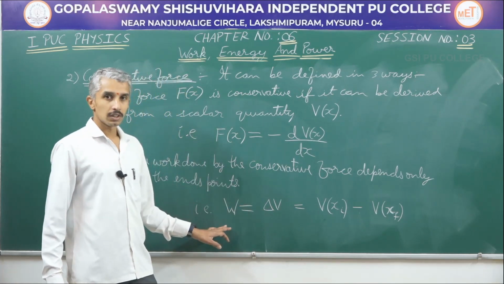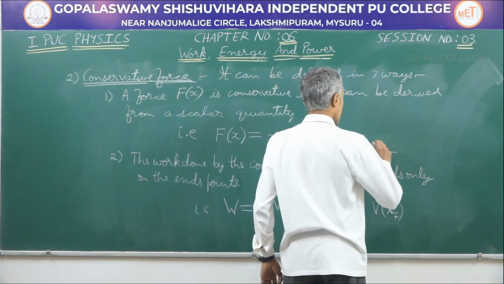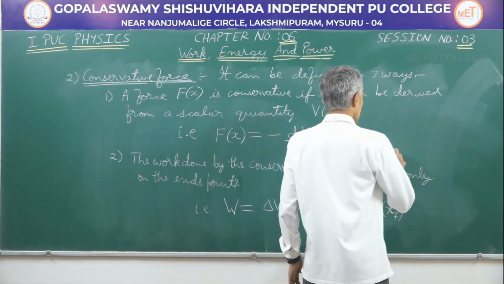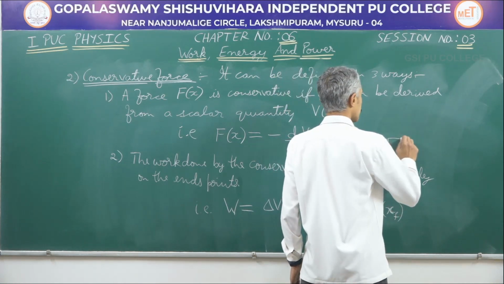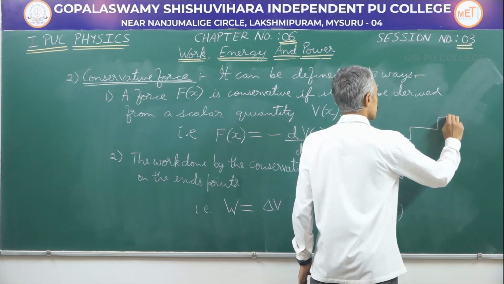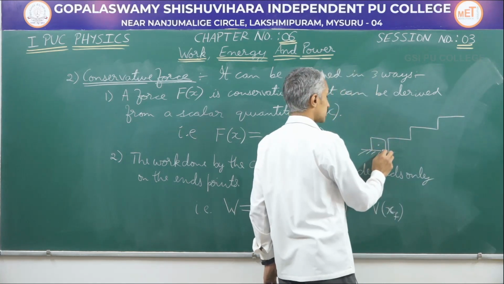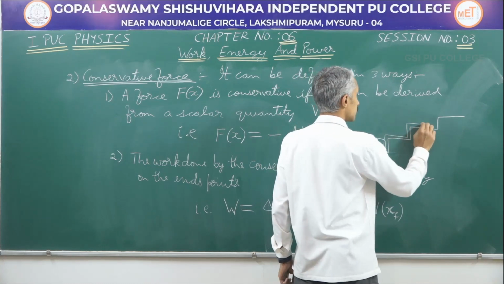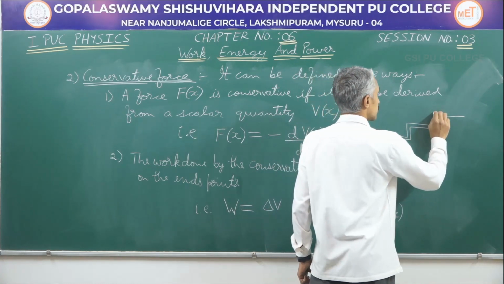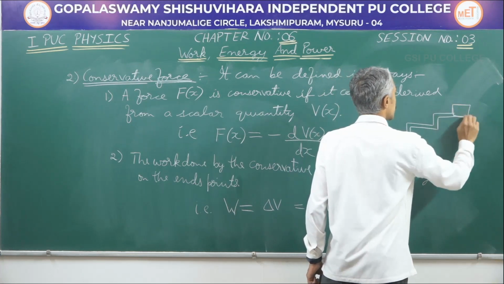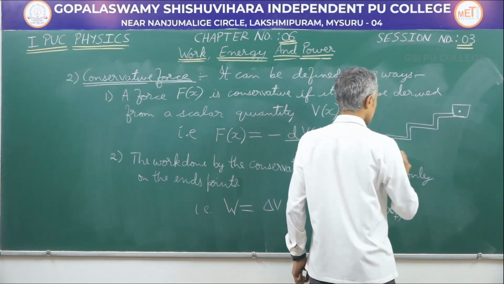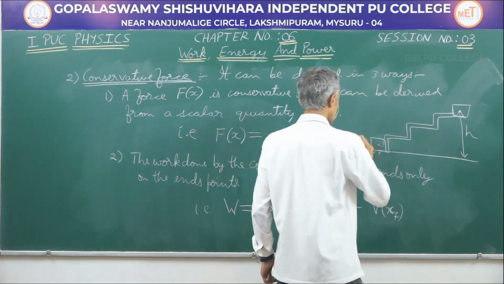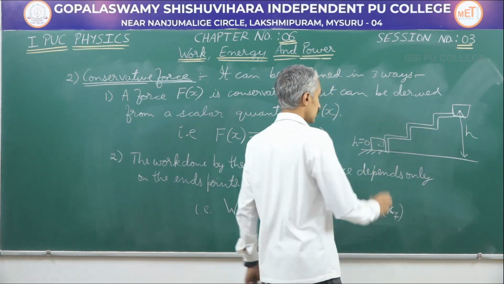To understand this, let us think. So if I have an object on the surface, and if at all I have stairs, let me take the object above the stairs, moving horizontally, vertically, horizontally, vertically, and horizontally, and let me bring the object to the position here, and the object is now at height h. Initially the height h was 0.